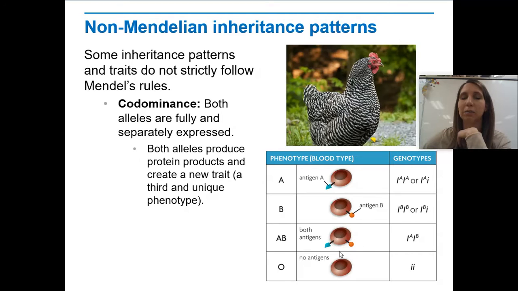And if you're blood type O, it's kind of the exact opposite. This is a scenario where we have two recessive alleles. So we've got these codominant alleles, A and B, and then we've got these two that are recessive in comparison to that, so that we still have this opportunity to have blood cells without any antigens or proteins on them. And as a result of that, red blood cells look pretty plain and barren.